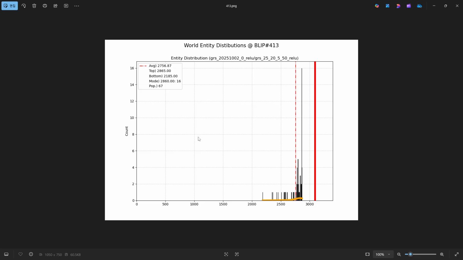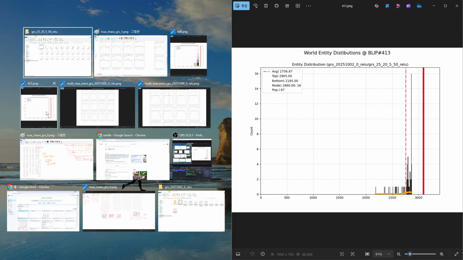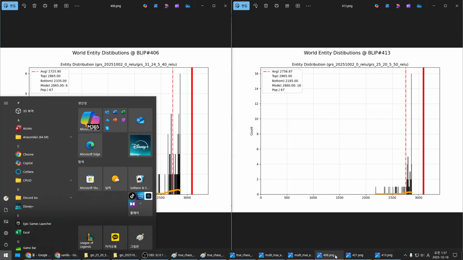So not that well distributed, because if you compare this to which one? Yeah, this. I would say this is a more healthy looking distribution.